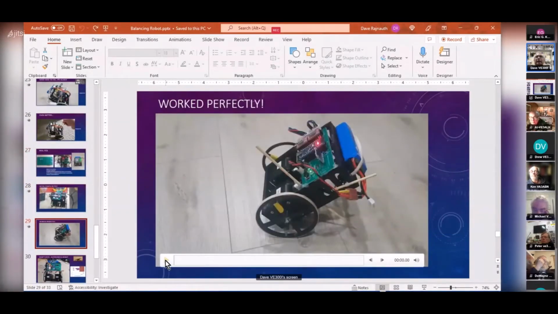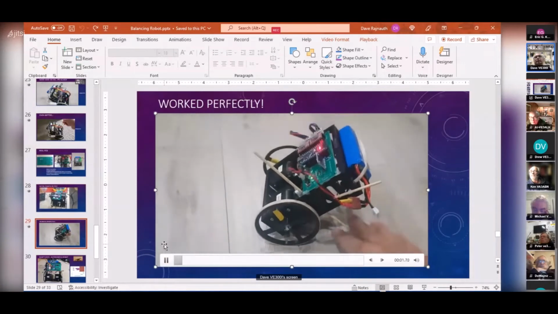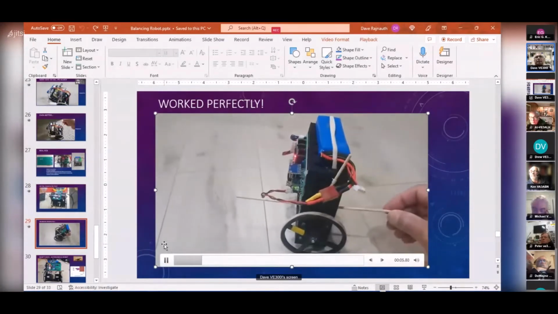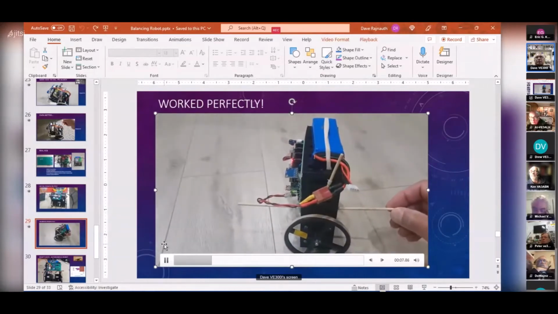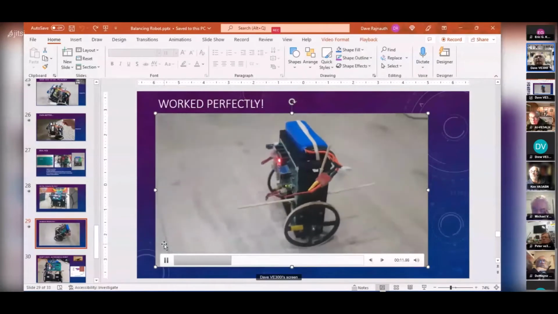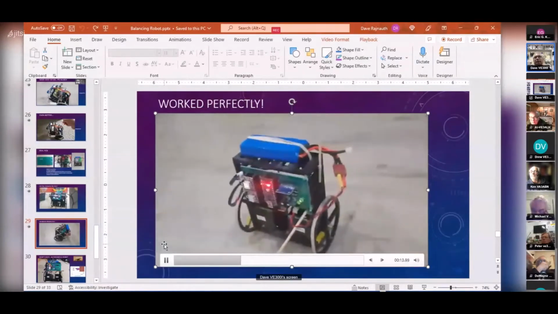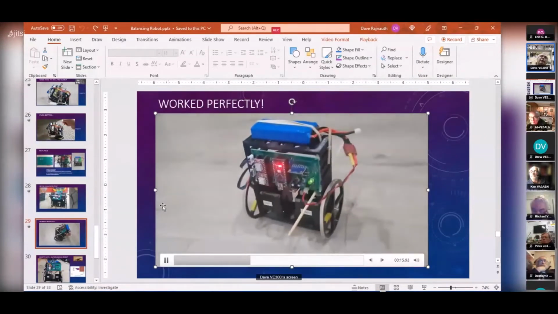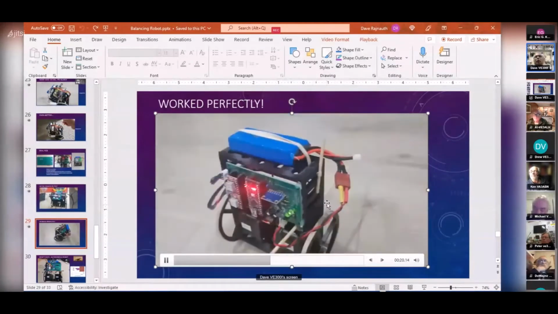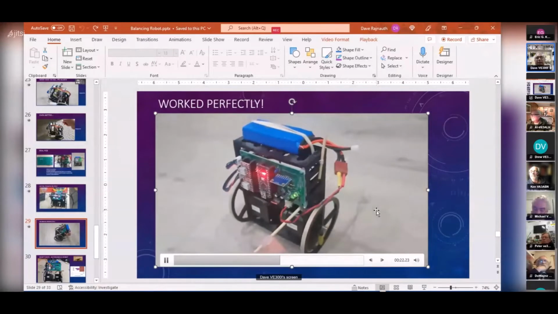Here's the first test of the board. I didn't have to change a thing. The only thing I had to do was recalibrate it so it knows what direction was up.